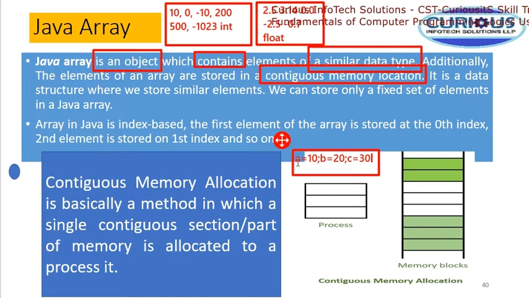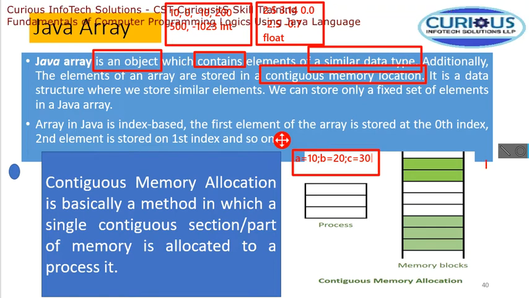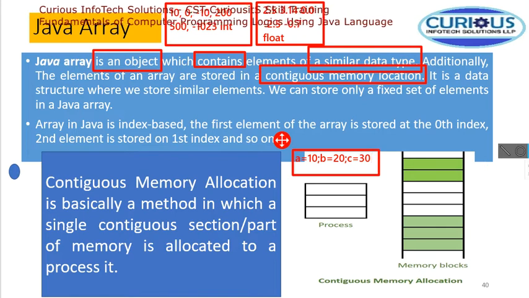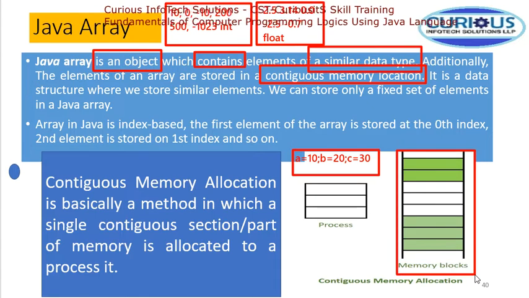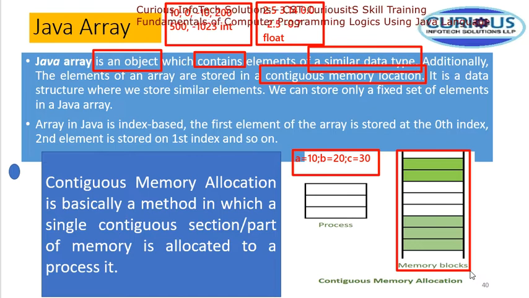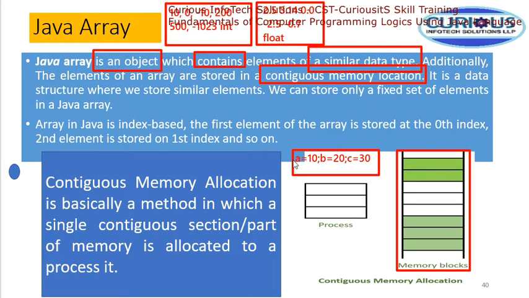If three variables are there, we can easily store these values in memory. Suppose this is your memory, and in this memory we want to fit these three numbers.